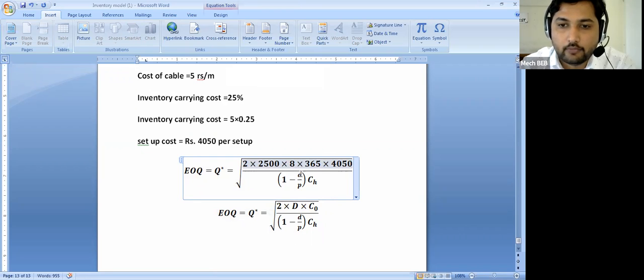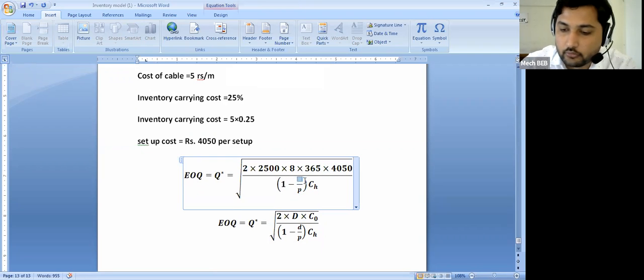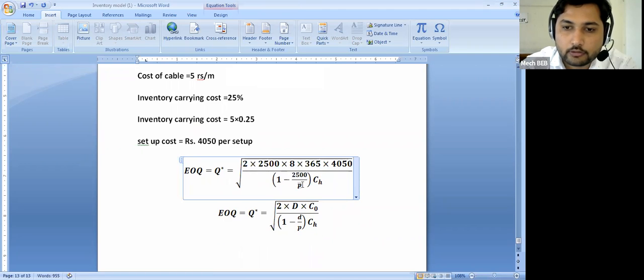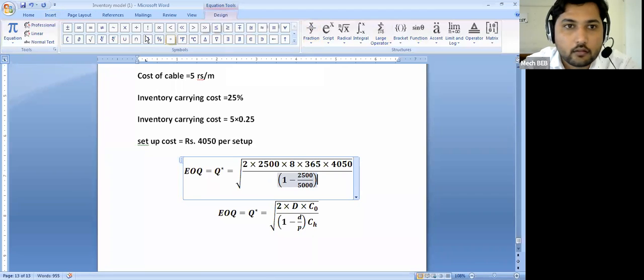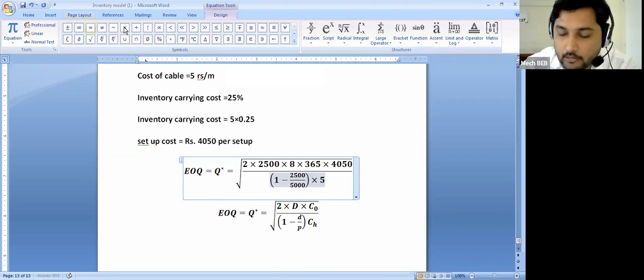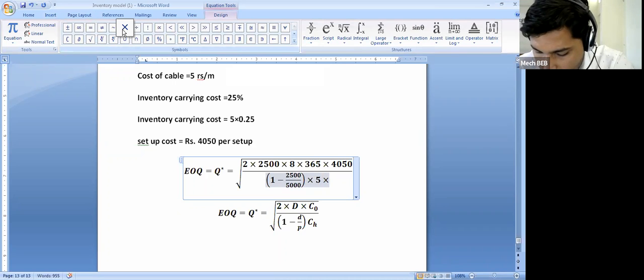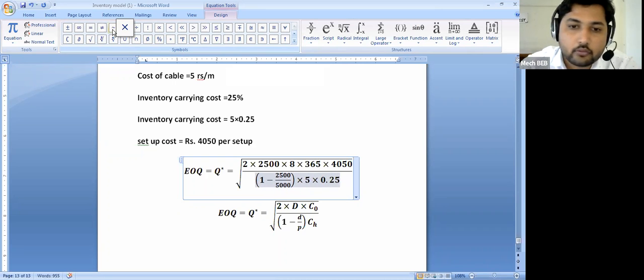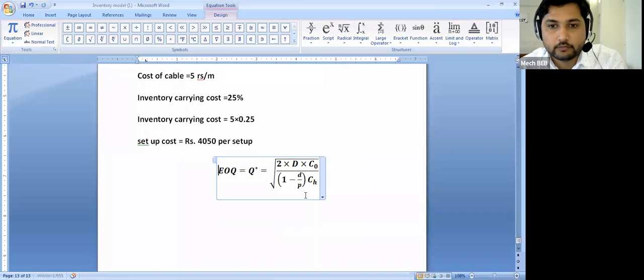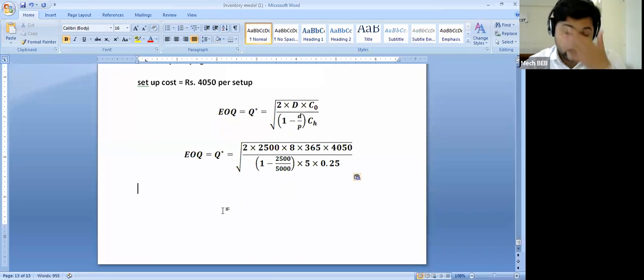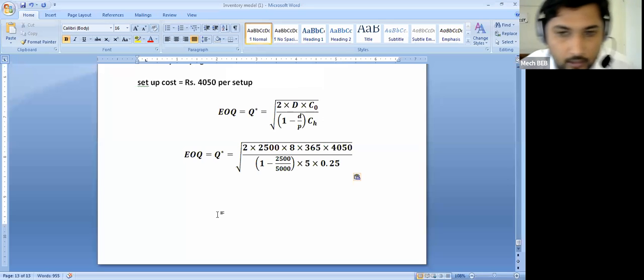The D value is provided. Now small d is just 2500 demand, and the production rate is 5000. C H is provided as C P multiplied by I. C P is 5 rupees, multiplied by I, which is 25%, that is 0.25. So do the calculation and determine Q star.